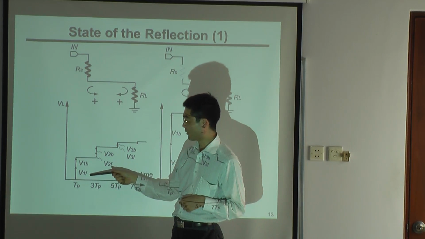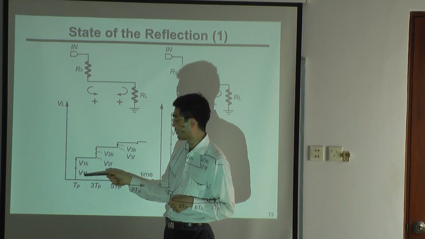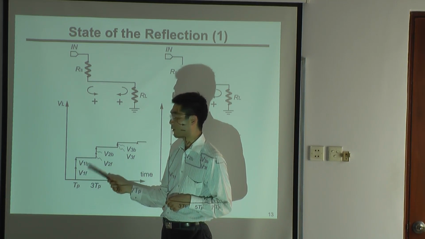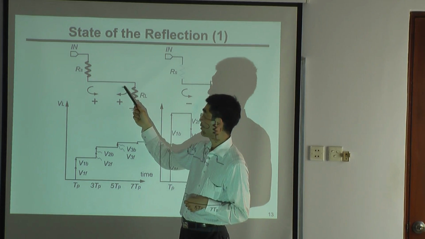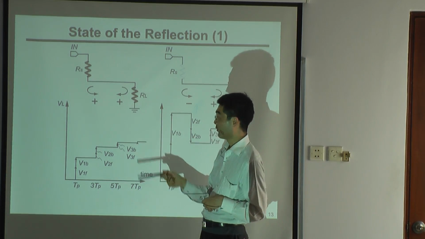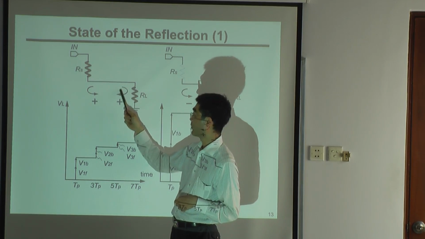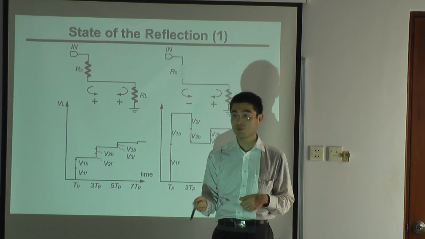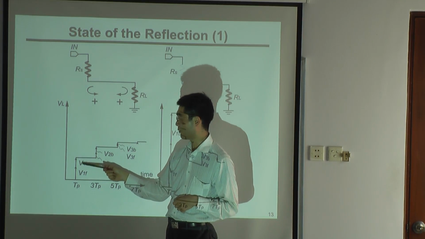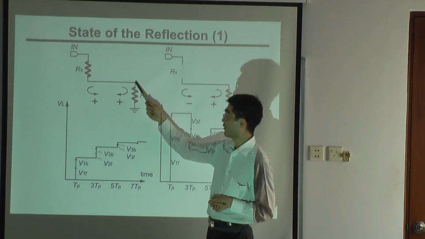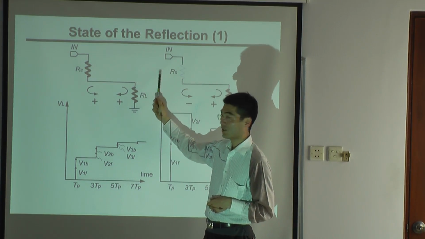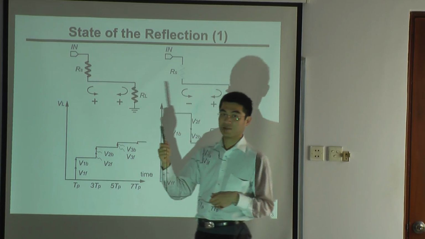And first of all, the voltage here is, for example, V1 volt. And at this end, part of it reflects. And after the reflection, it becomes a backward going wave. So we say this is V1. And here, the voltage is added up.